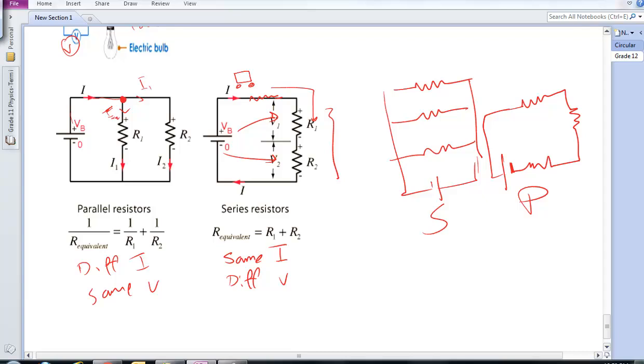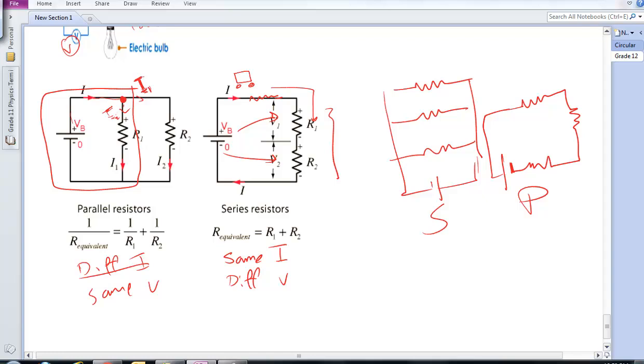So this car should take one of the roads. Basically, the current gives part of it here and part of it there. So what is divided here is the current. So the current is different, while the voltage is the same. And as you can see, this is a circuit by itself.